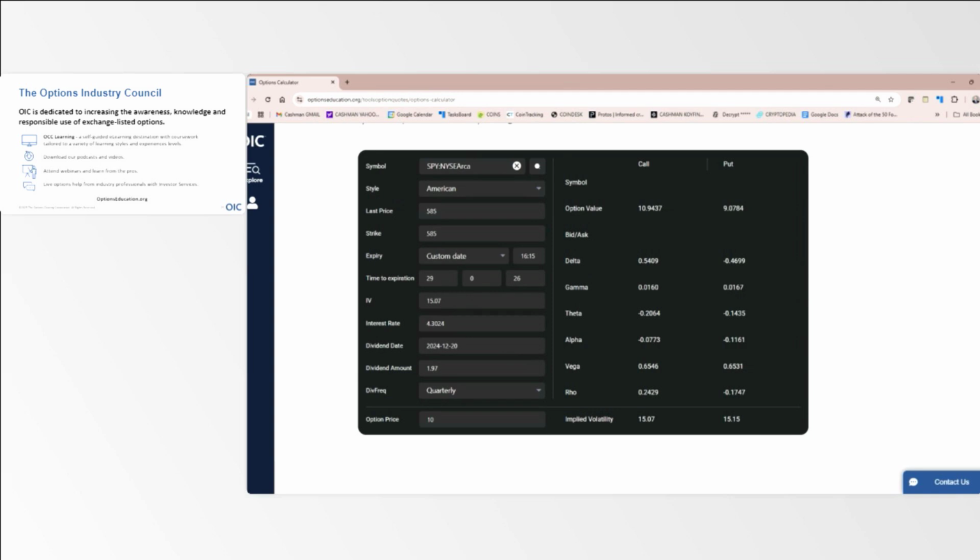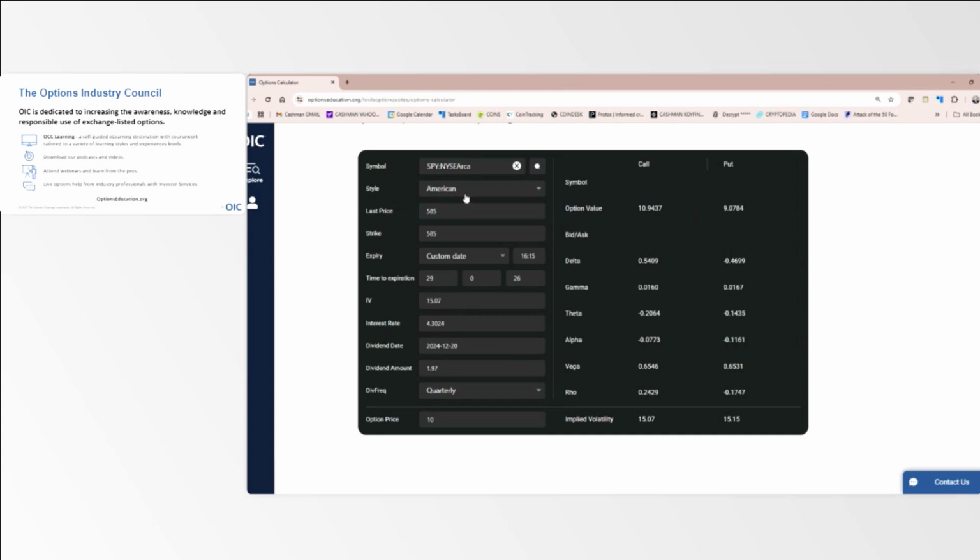Because most of the time, most of the people that are using option models out there are using some derivative of something like this. This is running Black-Scholes in this case. Actually, if we're running American stock, we might be running Cox-Ross-Rubinstein on this, but it's running one or the other, or a derivative of them.